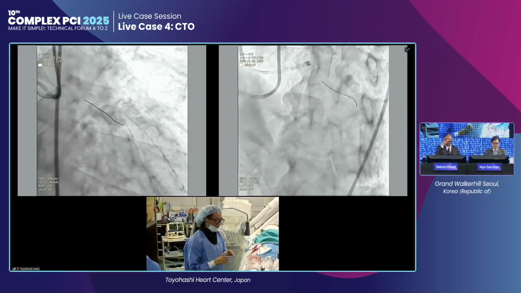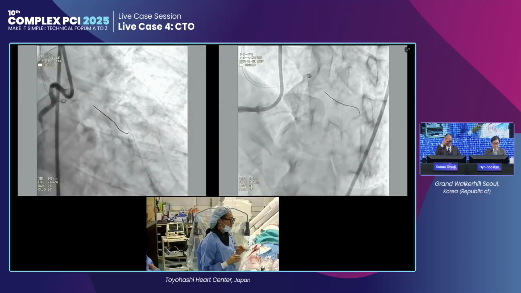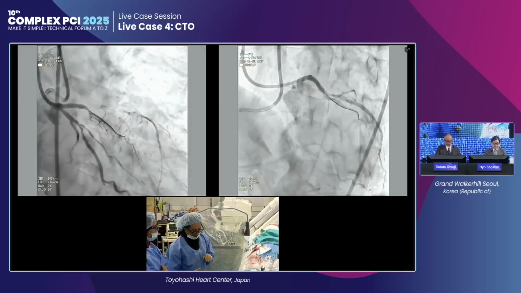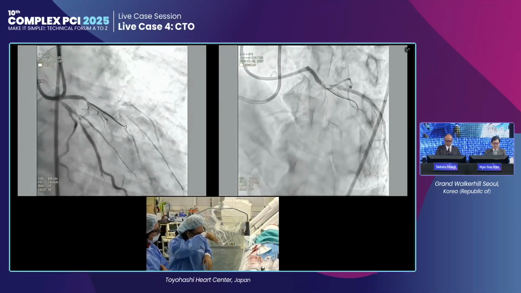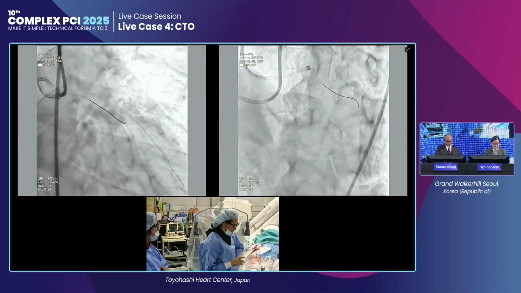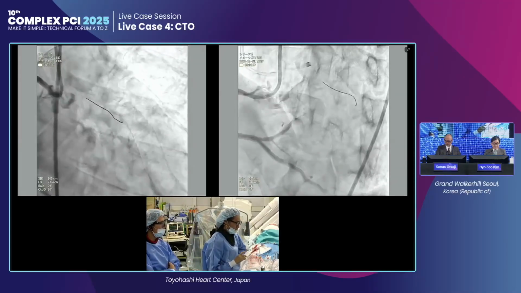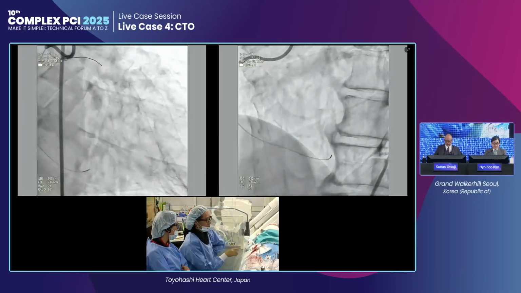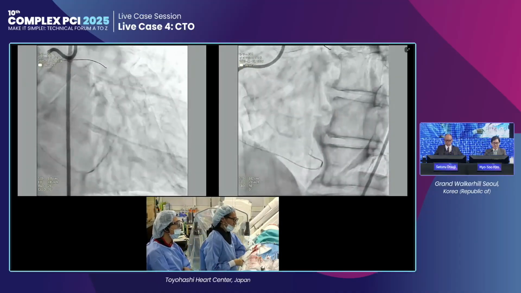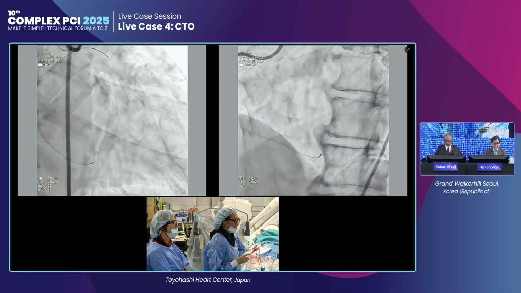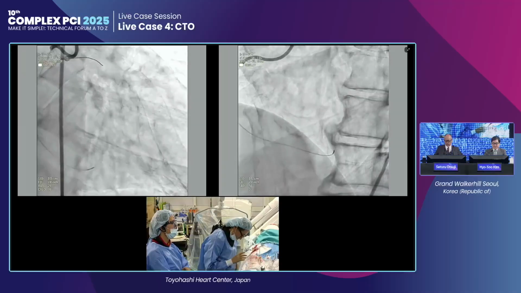However, we decided to perform a retrograde approach because the CTO segment is not so ambiguous, and in addition there is a collateral, and this is a second attempt case. I already performed a tip injection of some channels.